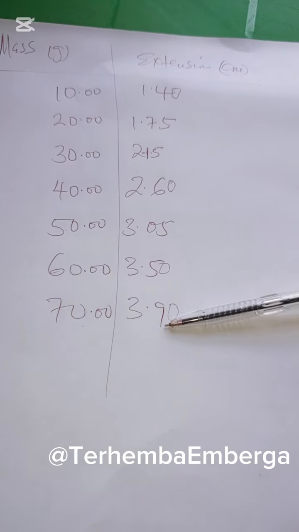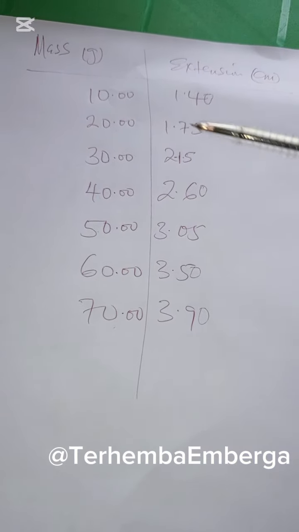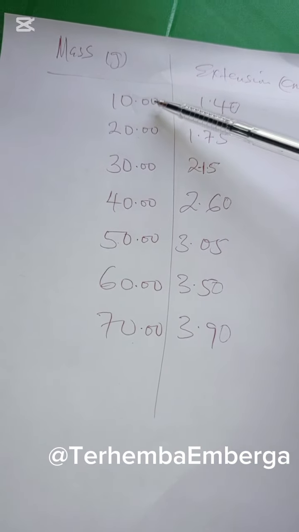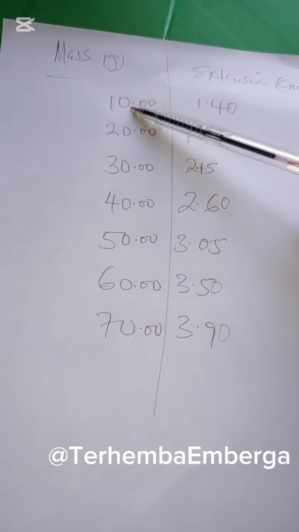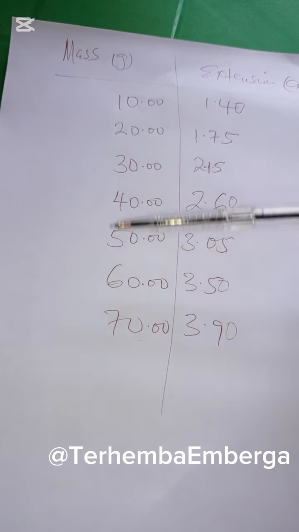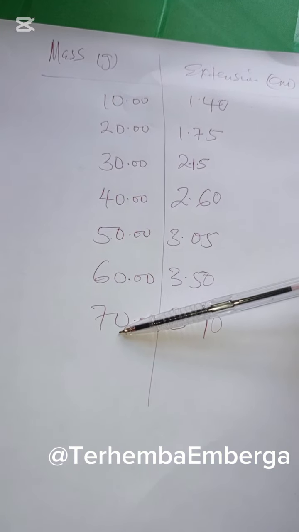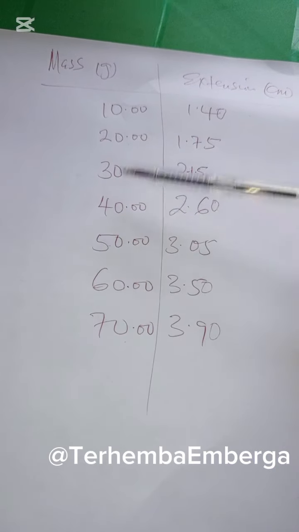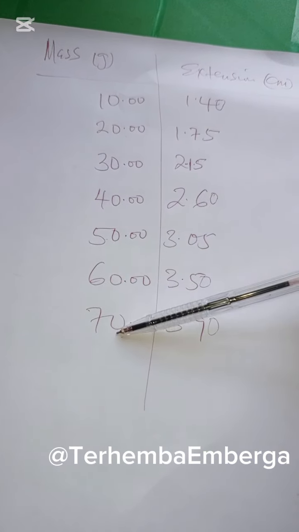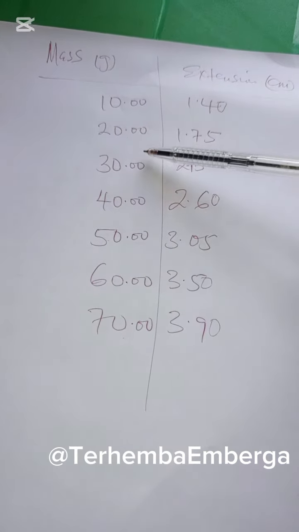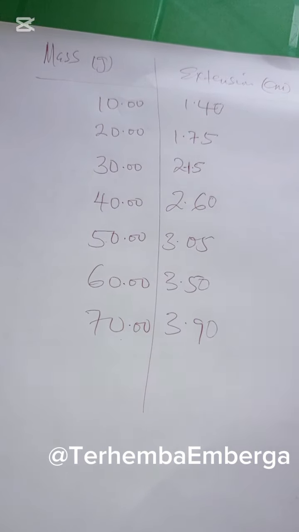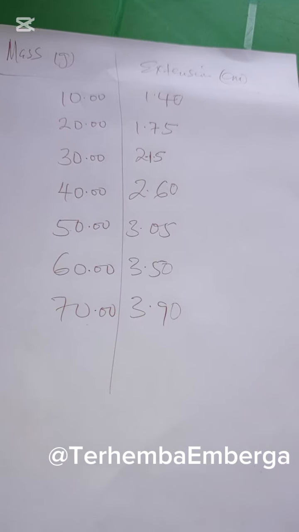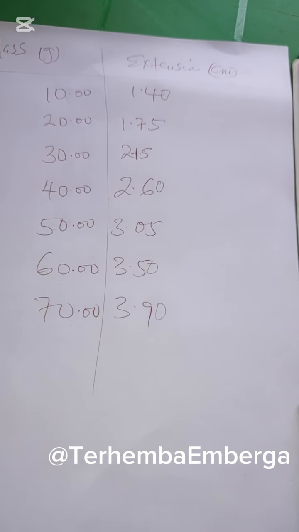And by the time you look at this, you look at the range of your values. The smallest value here is 10 grams, and the highest is 70 grams. So if you are choosing a scale, maybe 2 cm represents 10 grams, you should choose it in such a way that you don't have difficulty.